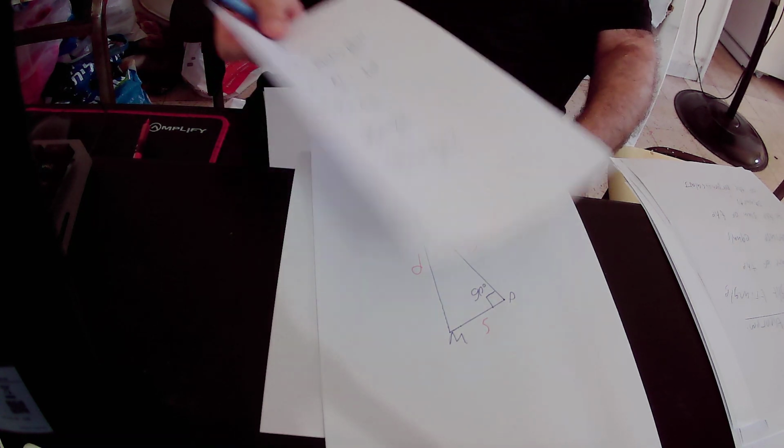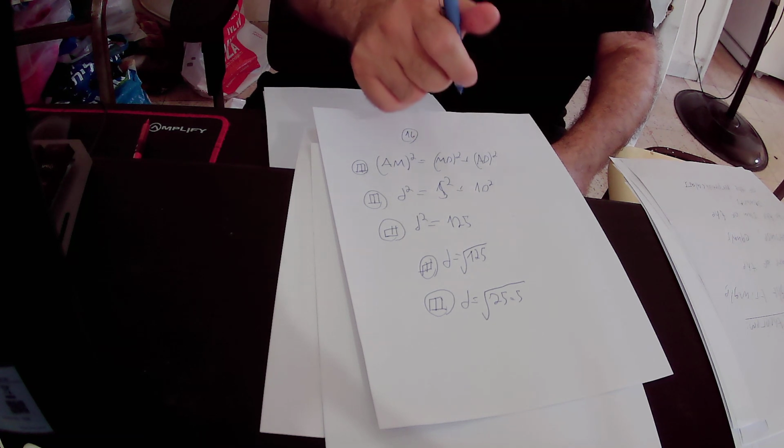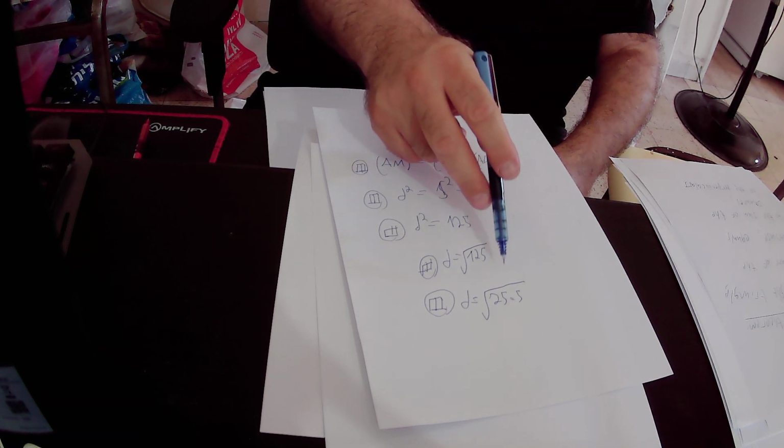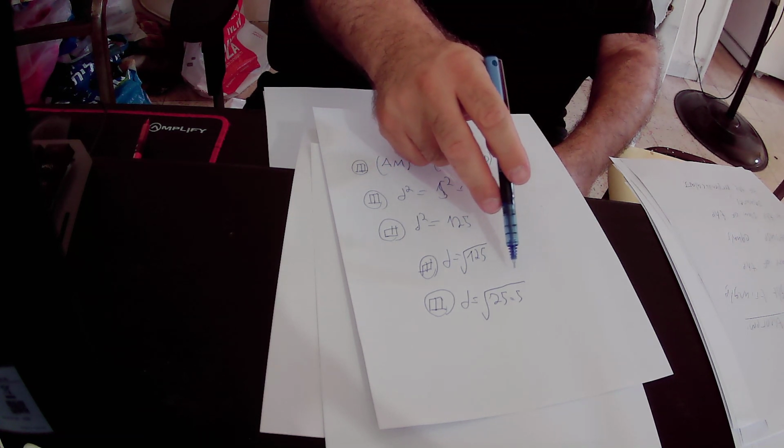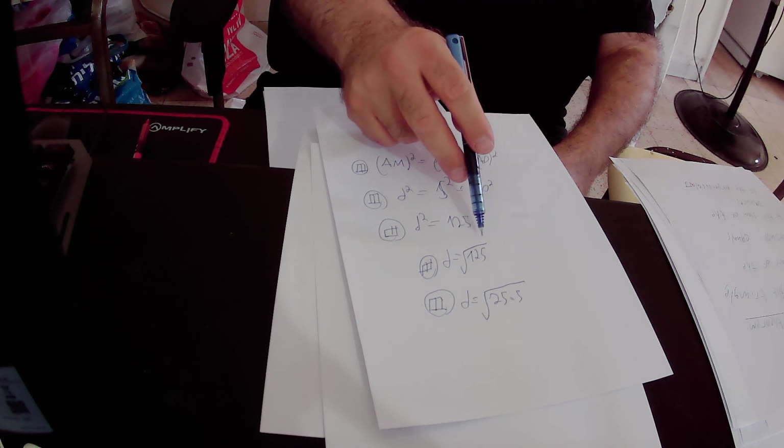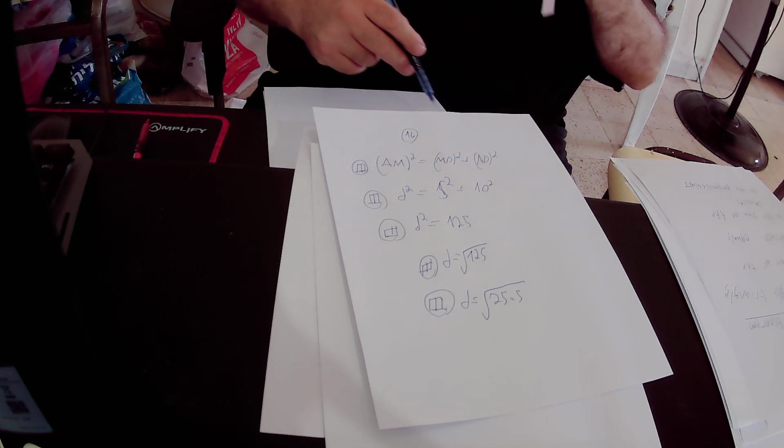Instead of 125, I wrote 25 times 5, because 25 times 5 equals 125.